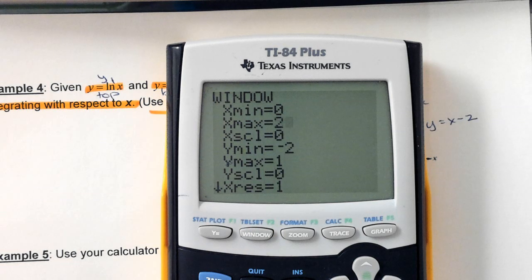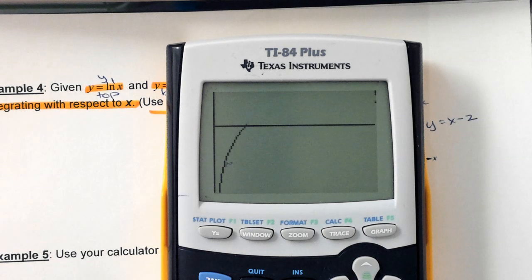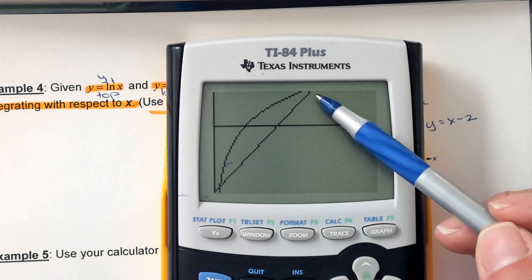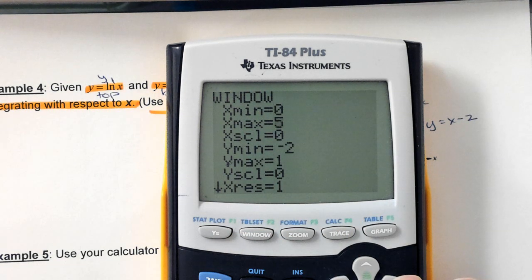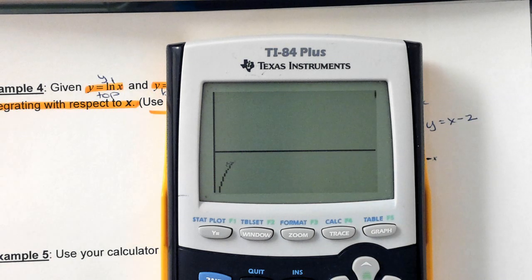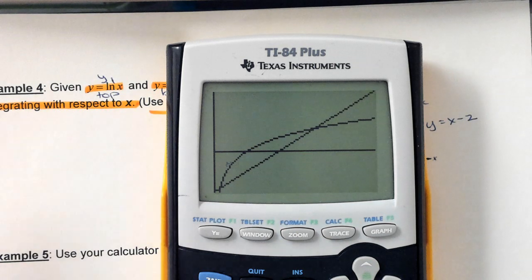I don't know, let's make that 5 and graph and see what we get. Oop. Okay, so that means now I also need to extend my y. So when I extend my y window, let's take it up to 3 and graph. And again, this is just playing with the graph, so you don't know until you get there, and that's perfect.